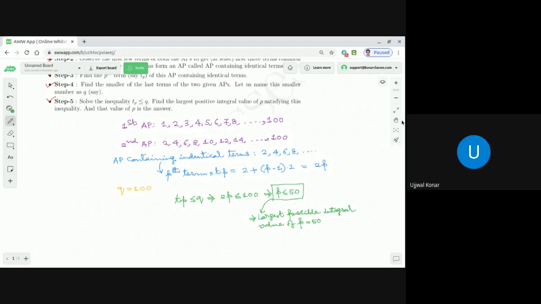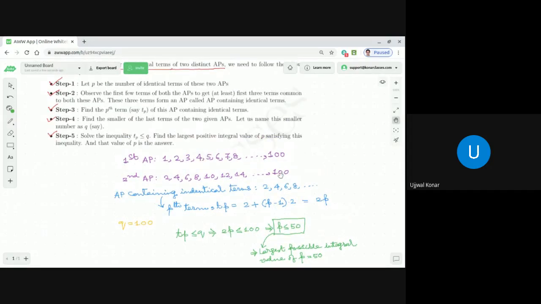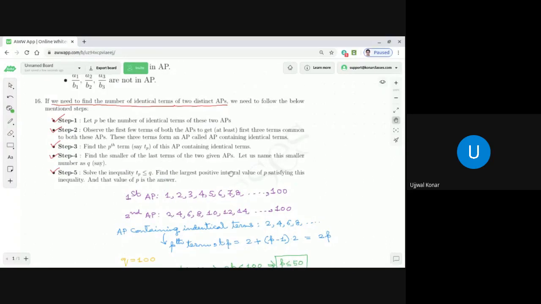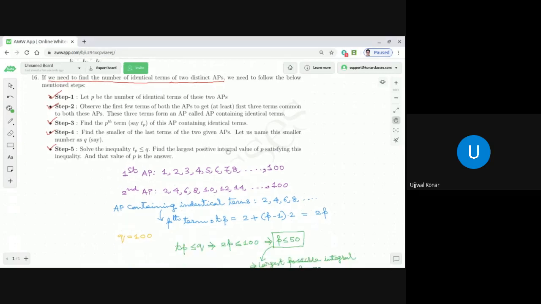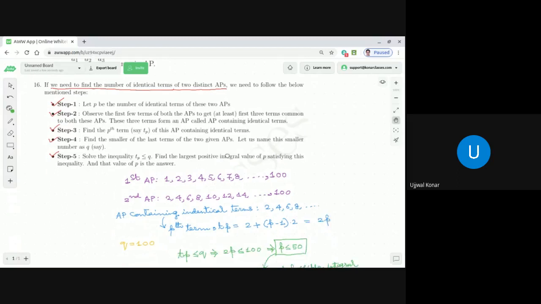But if you do not follow these steps, let me repeat, dear students, you'll still be able to solve it. It is not that you can't, but it will take longer. And I repeat, as time goes by, I'll always give you this step-by-step methodology, which will help you to solve problems. If anyone has any difficulty in understanding this, please feel free to ask me.